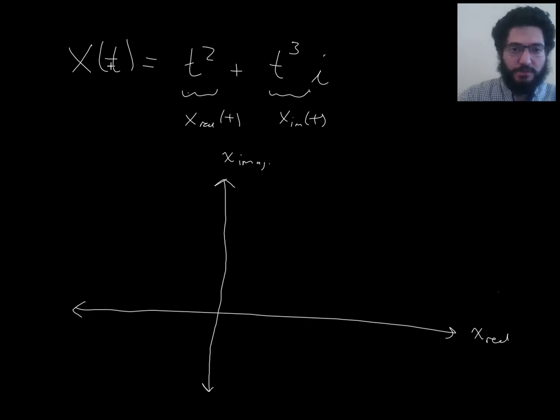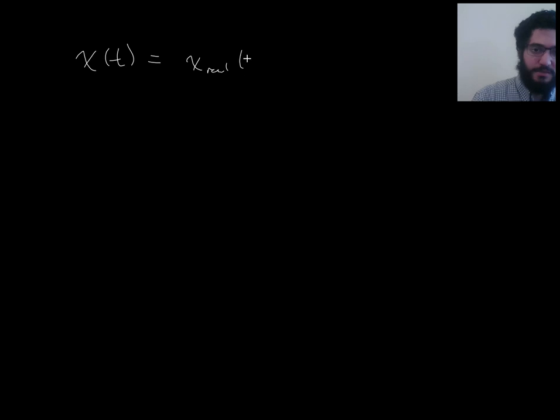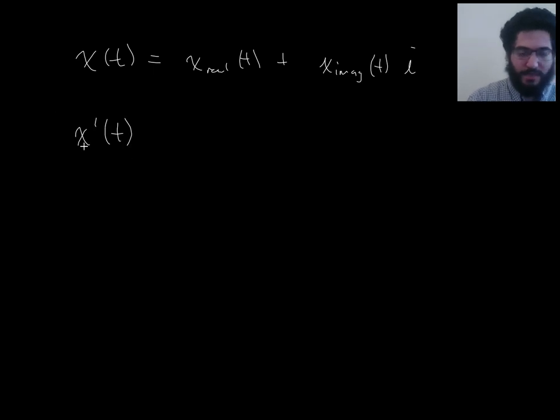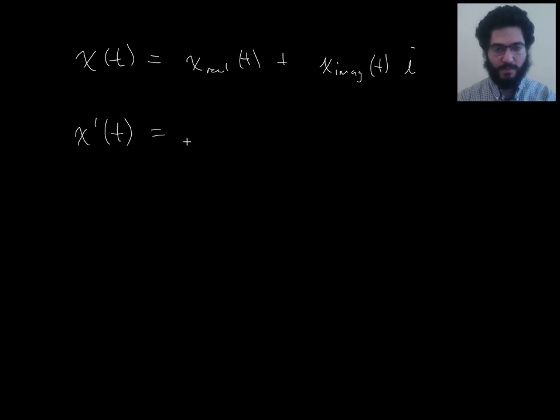Now, you can actually do calculus with these functions. So the main aspect that we are going to focus on in this course is that you can differentiate them. And it's as simple as can be. So if you take x of t, which is maybe x real part of t plus x imaginary part of t times I, then its derivative, d dt of x of t, is the simplest thing you can imagine.